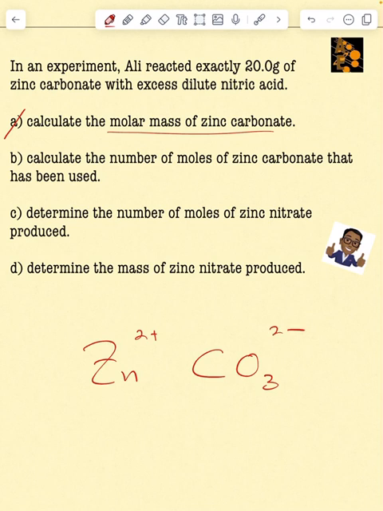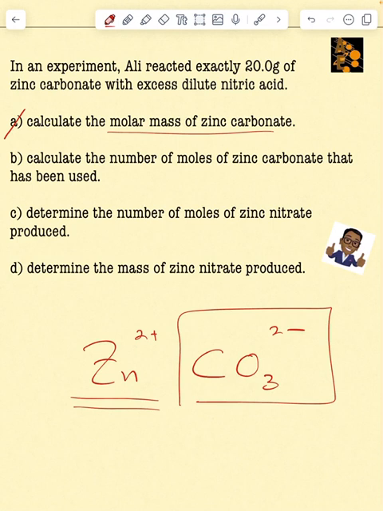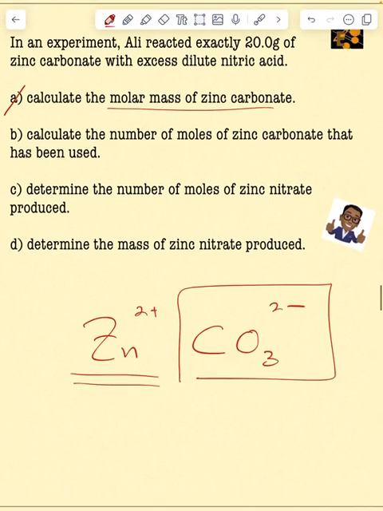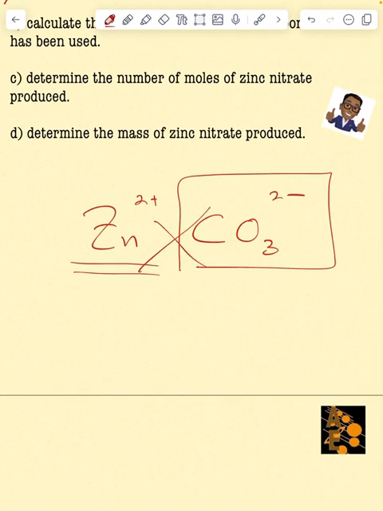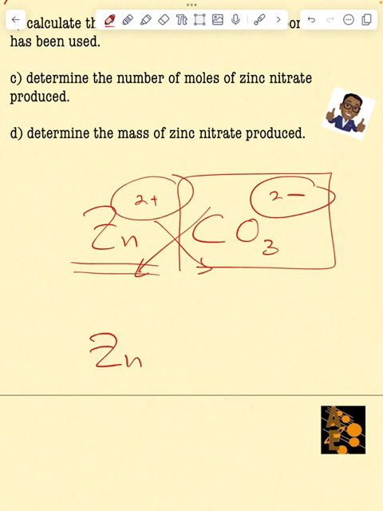Zinc, if you look at the periodic table, is a transition element, 2 plus. And from there, the chemical formula, just crisscross. So 2 and 2, just nice. That means Zn CO3, that's it. Because the ratio is 2 to 2, it balances off and simplifies, just like in primary school, 1 to 1.